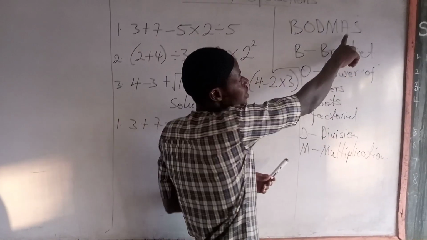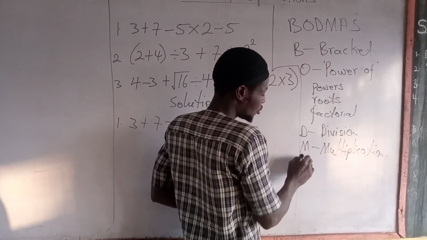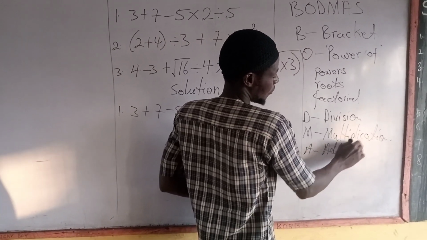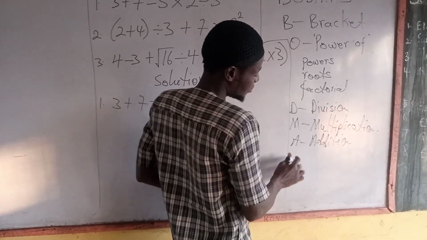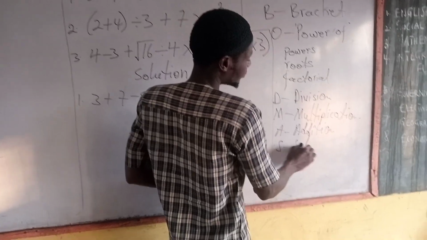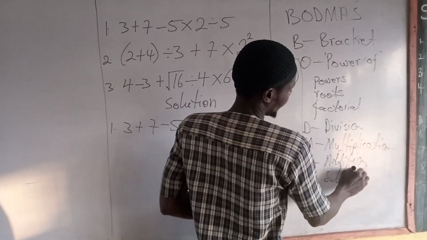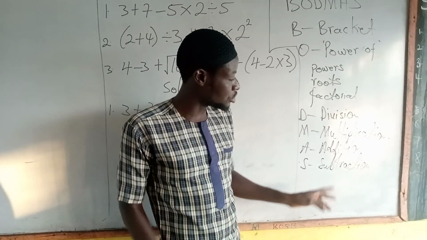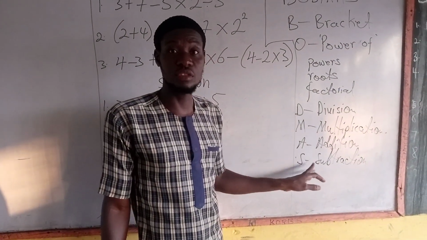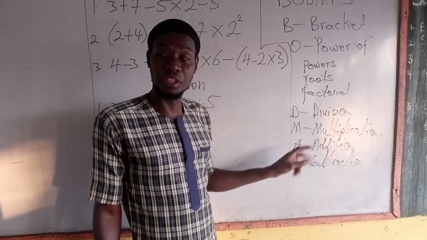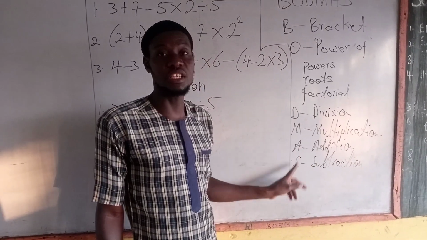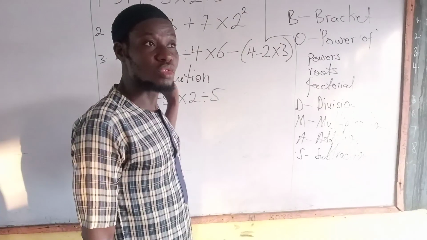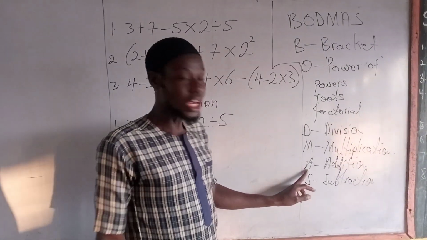Having done that, come and consider the last two letters, which are addition and subtraction. Addition and subtraction too are of equal relevance, and so when you are done with division and multiplication, you consider addition and subtraction, taking into consideration the one which appears first.